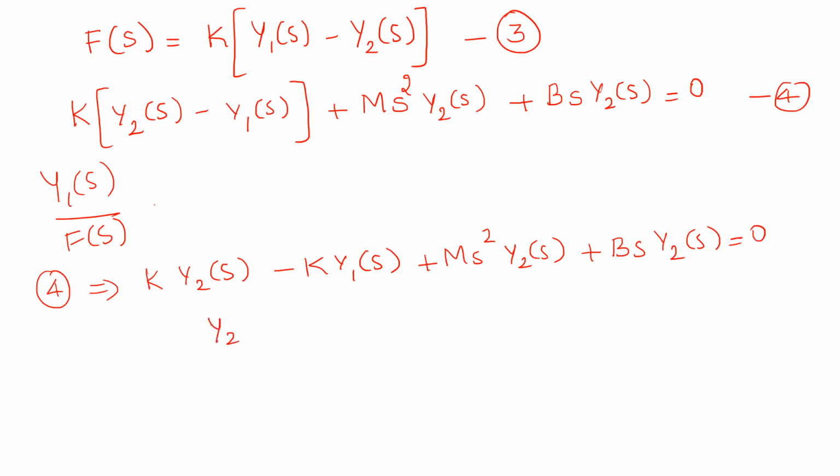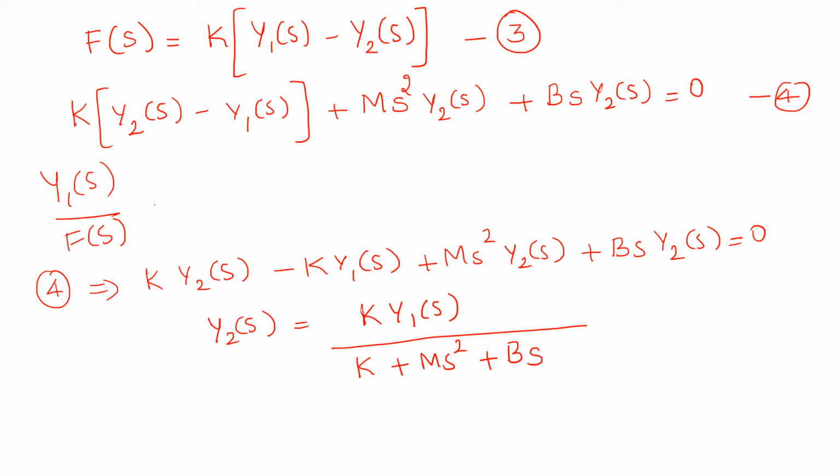So Y2 of s is equal to k into Y1 of s divided by k plus m into s square plus b into s. So this is Y2 of s.